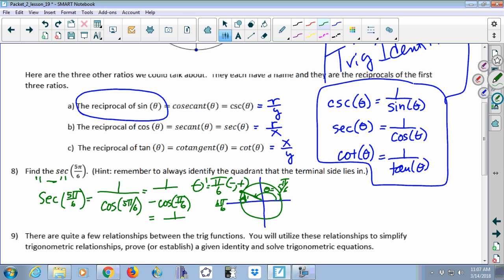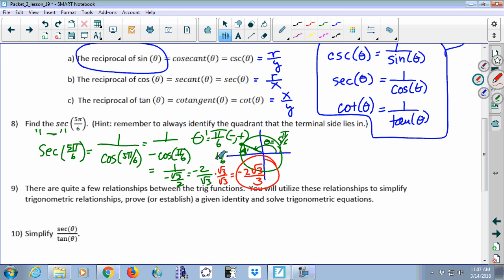So that's 1 over, so pi over 6 is a 30-degree angle. I go out square root of 3 over 2. And now I take the reciprocal of negative square root of 3 over 2. That's negative 2 over square root of 3. And I multiply top and bottom by square root of 3 over square root of 3. That gives me negative 2 square roots of 3 over 3. And that's my final answer.